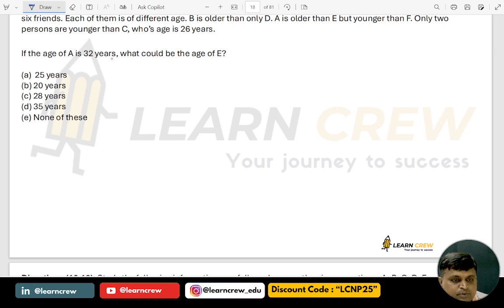A is 32, so definitely A is greater than E. E must be greater than 26, so the answer has to be C. It is not asking the exact age, the probable age, because C is 26 and E is greater than C, so E must be greater than 26 and less than 32.